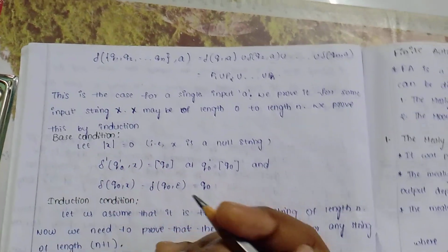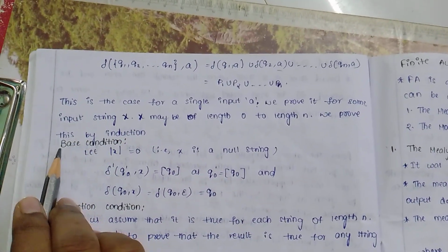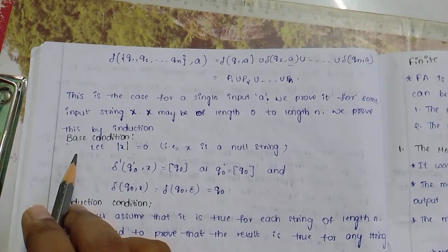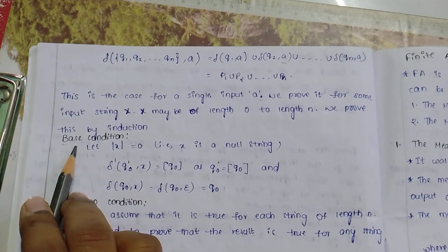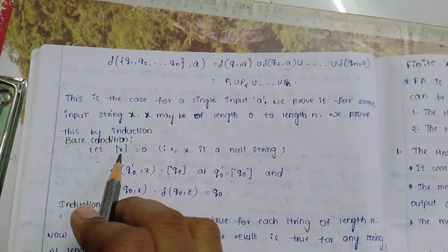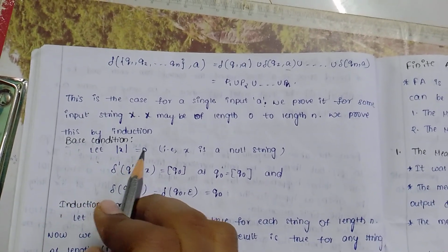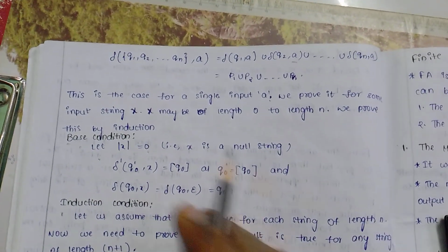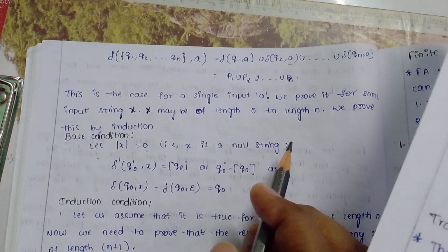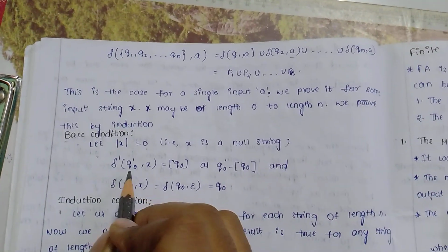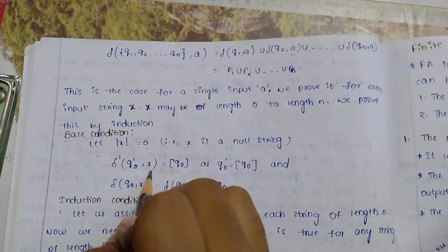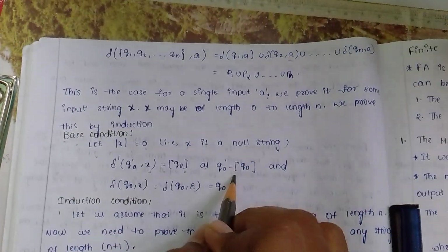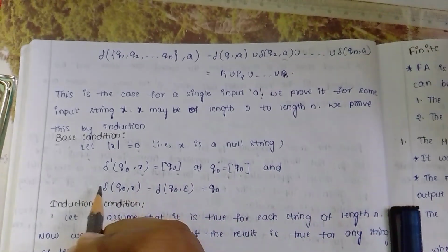So here there are two conditions, one is the base condition and the other is the induction condition. First we see the base condition. Let |x| equal to 0. Here x is a null string, and δ' of q0' with input x equals q0, as q0' equals q0.